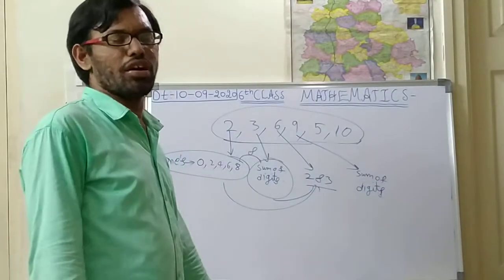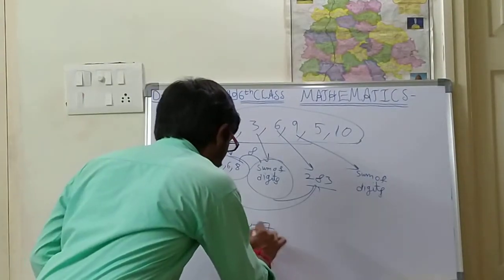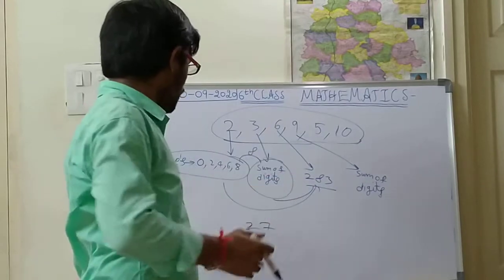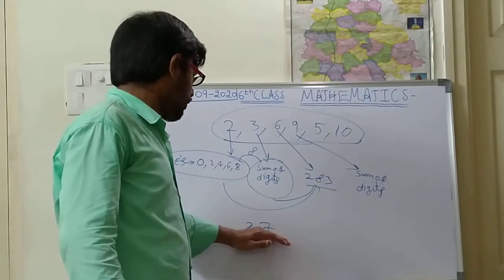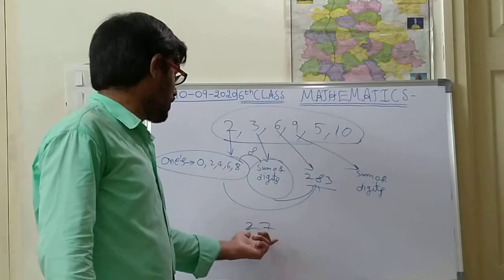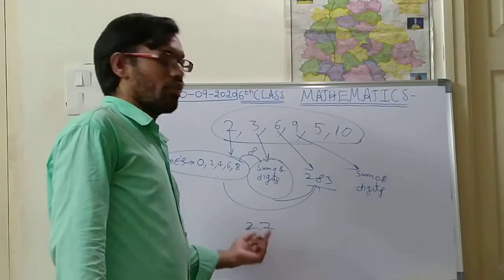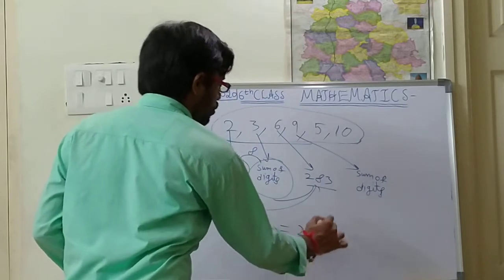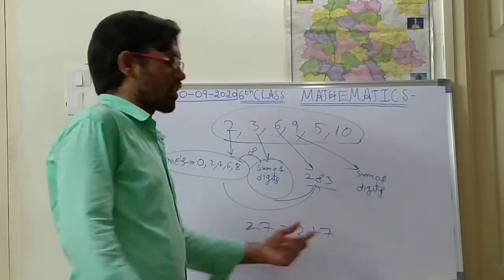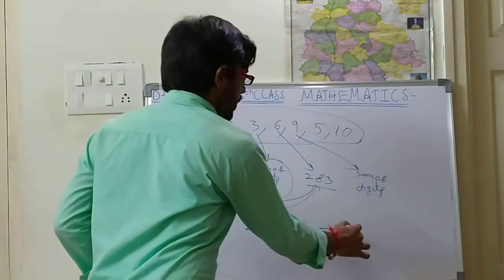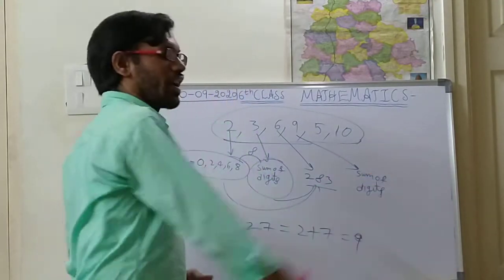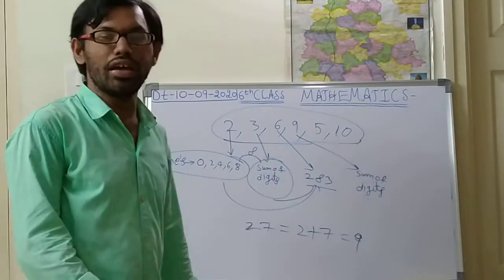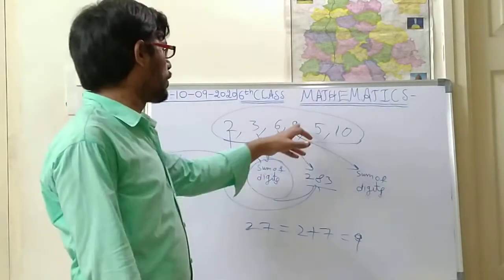If any number comes, suppose you get 27, you confine it to a one digit number only. If 27 is there, again you add these two digits: 2 plus 7. What is 2 plus 7? 9. So if your result is 9, then the number satisfies the divisibility rule of 9.